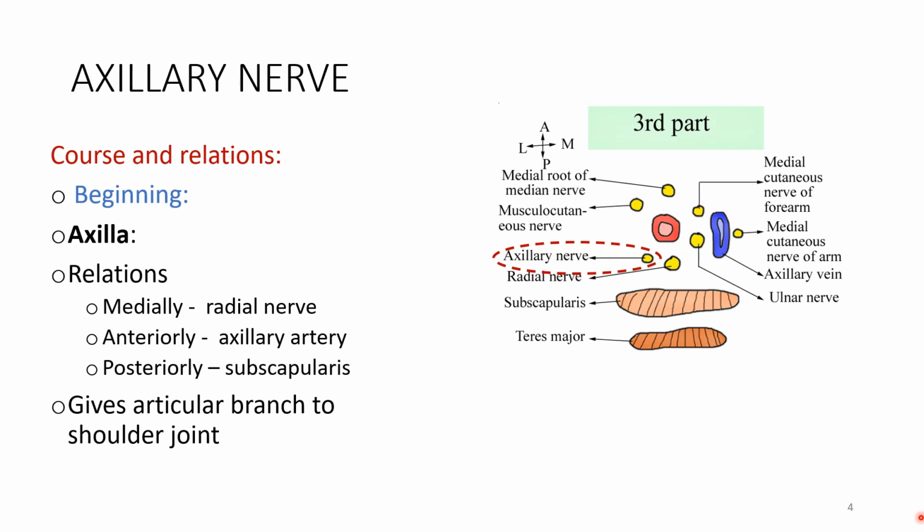And now let us focus on the course and relations of the axillary nerve. So the axillary nerve is beginning in the axilla and its relations in the axilla are medially the radial nerve.